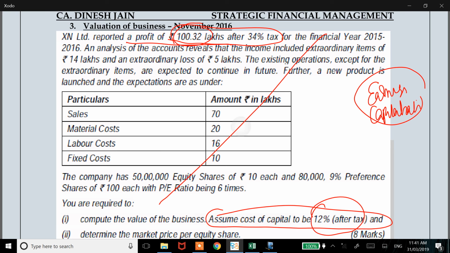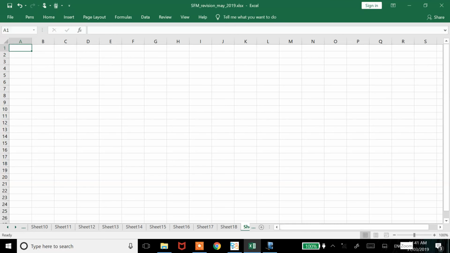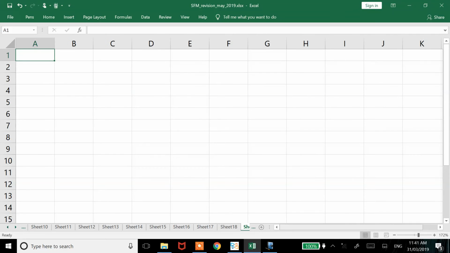Now, working note 1, computation of future maintainable profits.